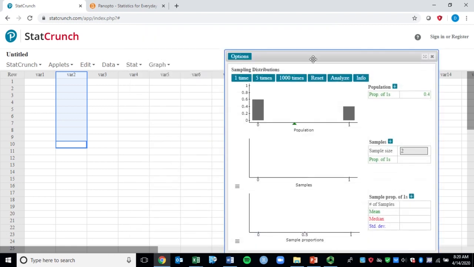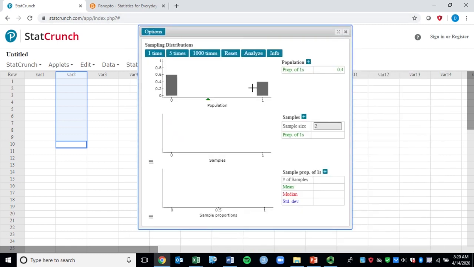The way StatCrunch represents successes is with a 1 and a failure with a 0. Notice if you go from 0.4 over, it's saying in the population you have 40% successes, which means 60% are failures, and that's why 0 is up to 60%. So zeros are represented by failures, successes by 1s.